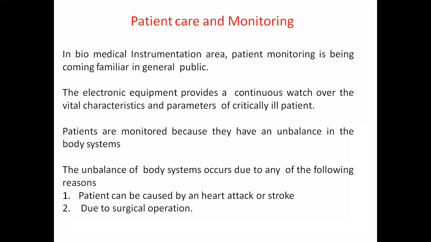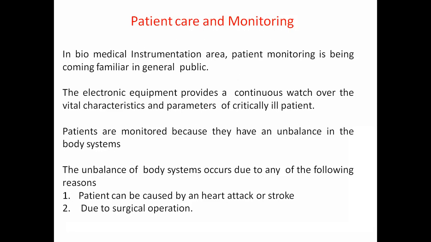The unbalance of body systems occurs due to any of the following reasons. A patient can be affected by a heart attack or stroke, or due to a surgical operation. Generally we can say due to heart attack, or a stroke, heart stroke. Because of this, the unbalance in the body will occur, and also after a surgical operation.